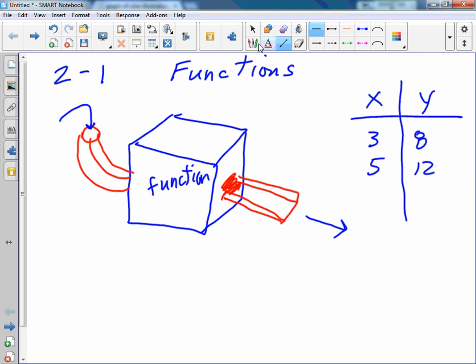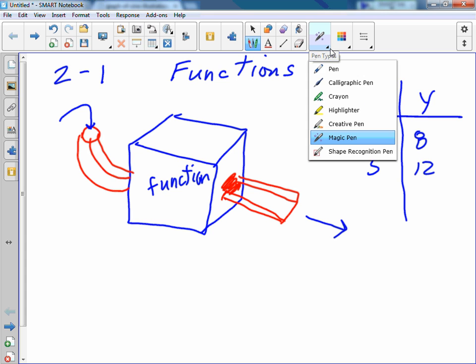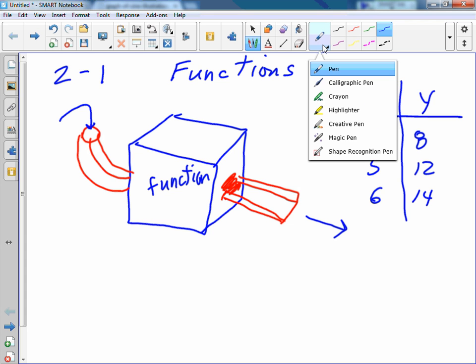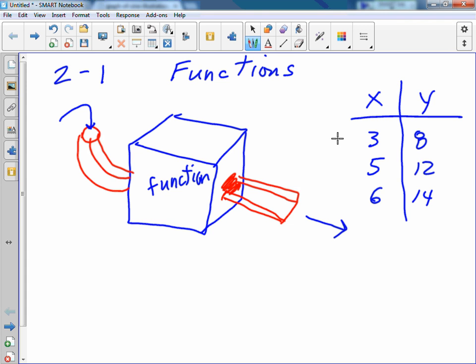And we can do more. Let's put in another one. How about 6? Guess what's going to come out? 14. Yeah, 6 and 14 come out like that. Let's think of another one. 7 and 16.